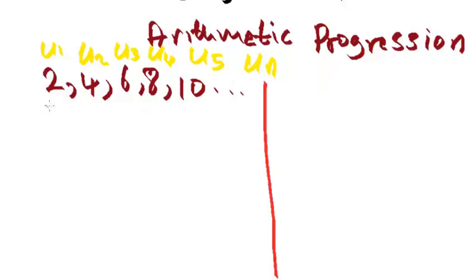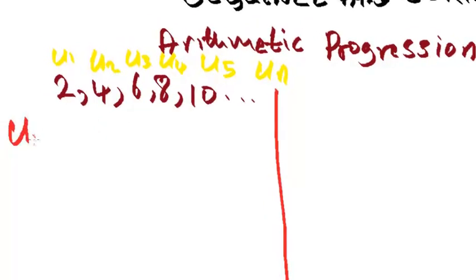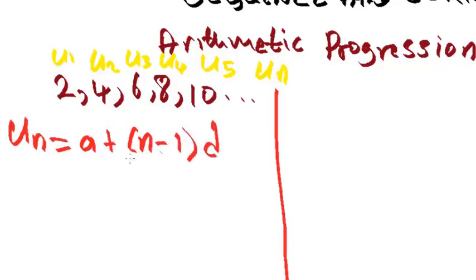If you want to find the next term of this particular sequence, 2, 4, 6, 8, 10, we can use a formula. That formula is given by Un equals a plus (n minus 1)d. This is the formula that we can use to find the next term of the sequence.